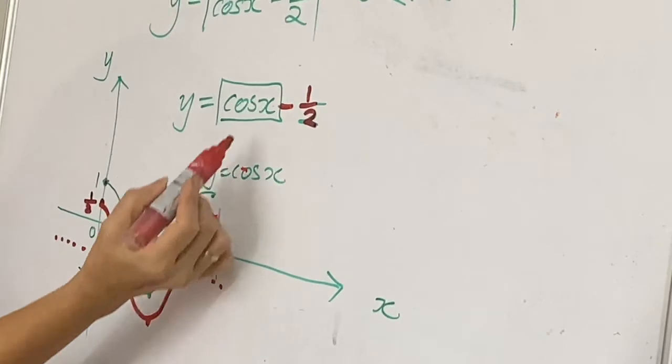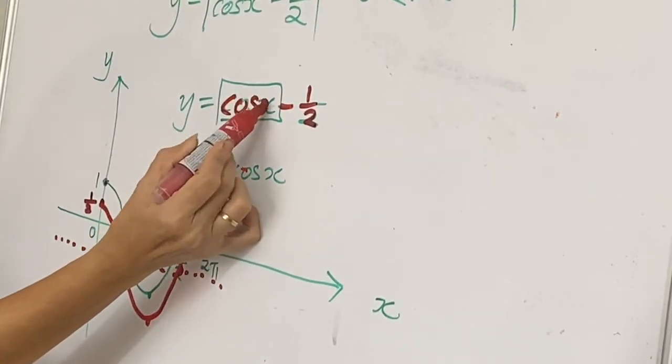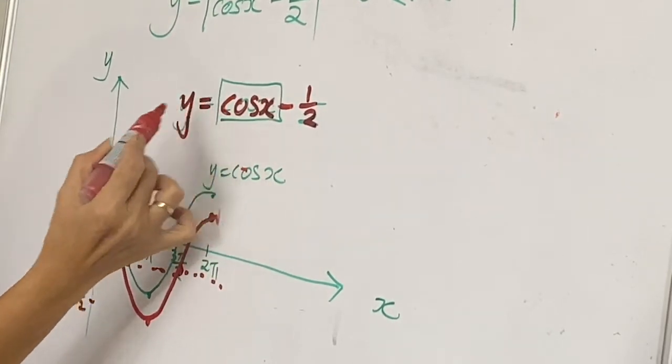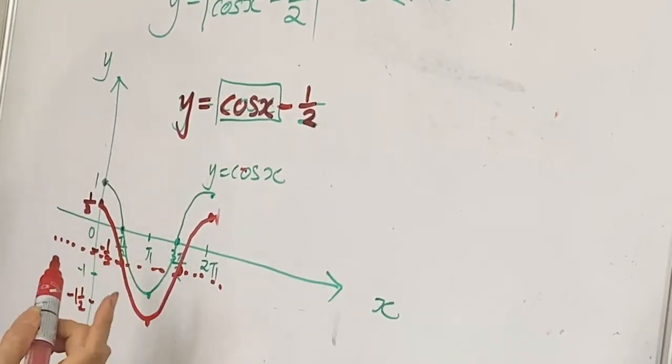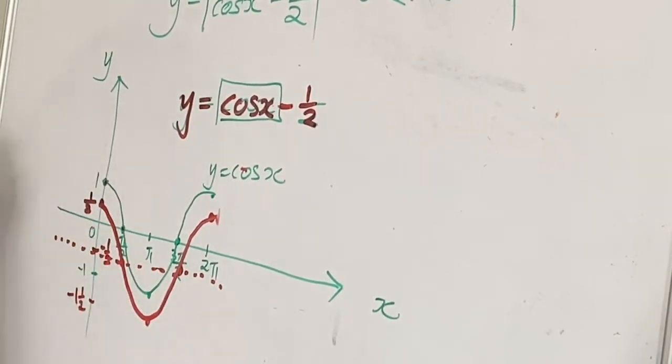Normally we stop here, cos x minus half. See that? I'm getting much closer to the graph already. The last step is to modulus the graph. So I will try to make it positive.